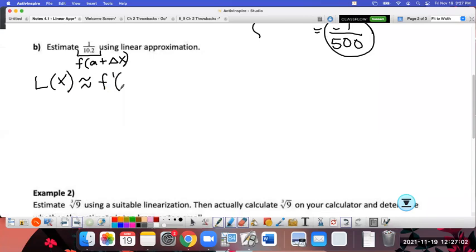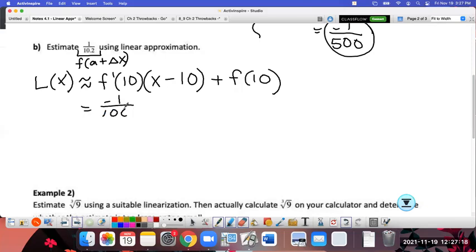We need f prime of a, or in this case 10, times x minus a, or x minus 10, plus f of 10. So f prime of 10, that was -1 over 100, times x minus 10, and then f of x was 1 over x, so f of 10 would be 1 over 10.